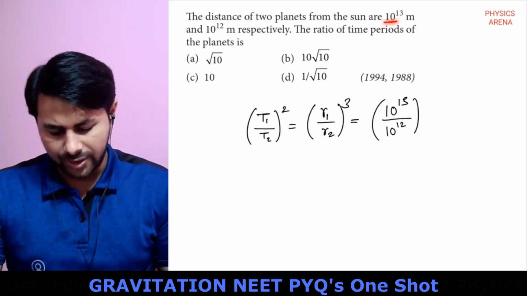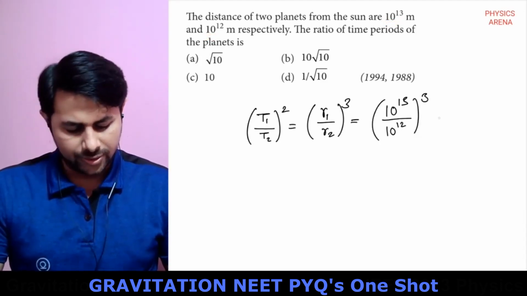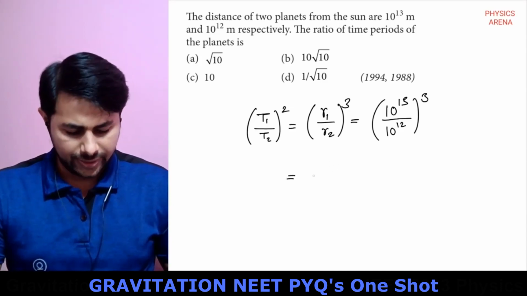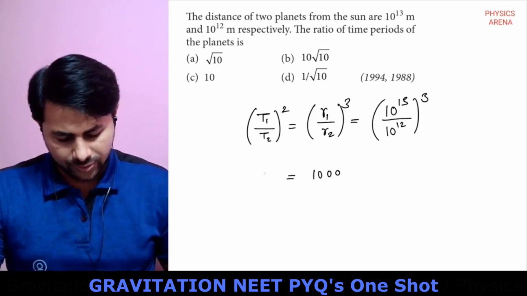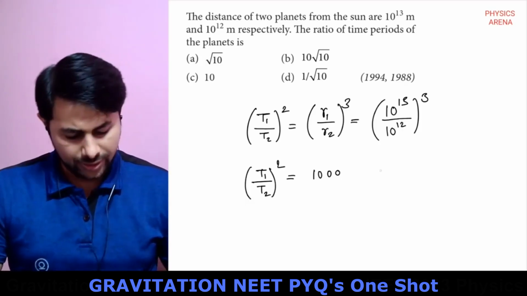R1 is 10 raised to 13 and R2 is 10 raised to 12, so this is 10 cube, or 1000.